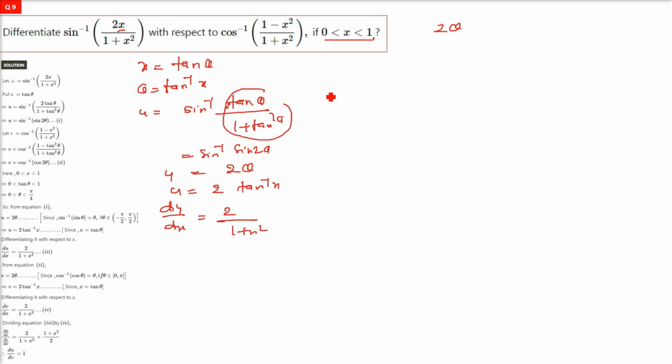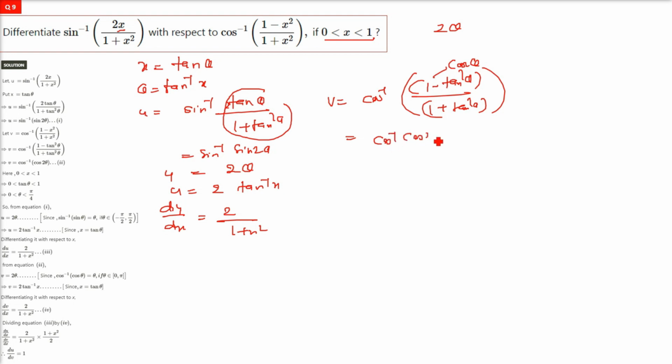Now coming to v. V is equal to what? V is cos inverse of 1 minus x square by 1 plus x square. In place of x I am writing tan theta. So 1 minus tan square theta by 1 plus tan square theta, which is cos 2 theta. So cos inverse cos 2 theta, you can cancel cos and cos inverse, and then only 2 theta will remain.